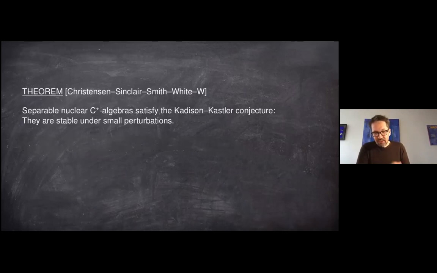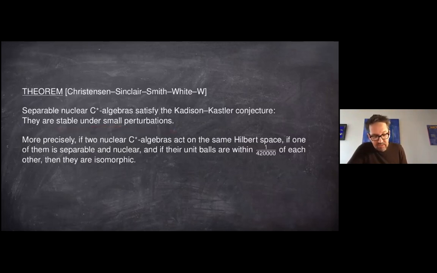Another result concerns the Kadison-Kastler conjecture. Separable nuclear C-star algebras are stable under small perturbations. Let me say precisely what this means.